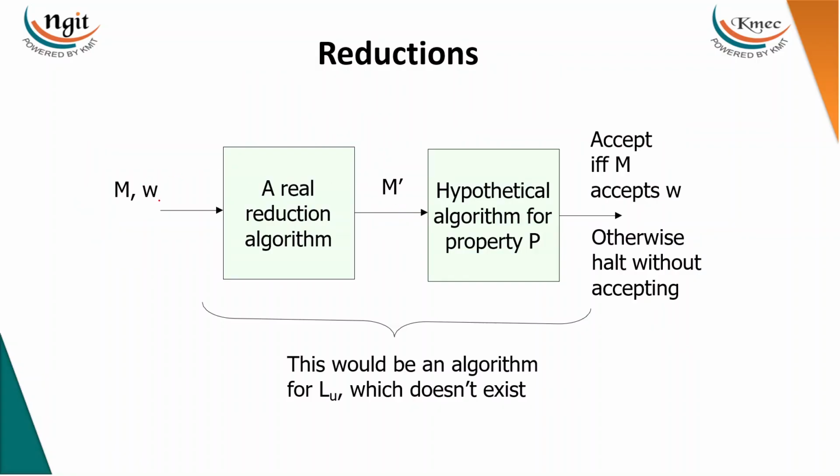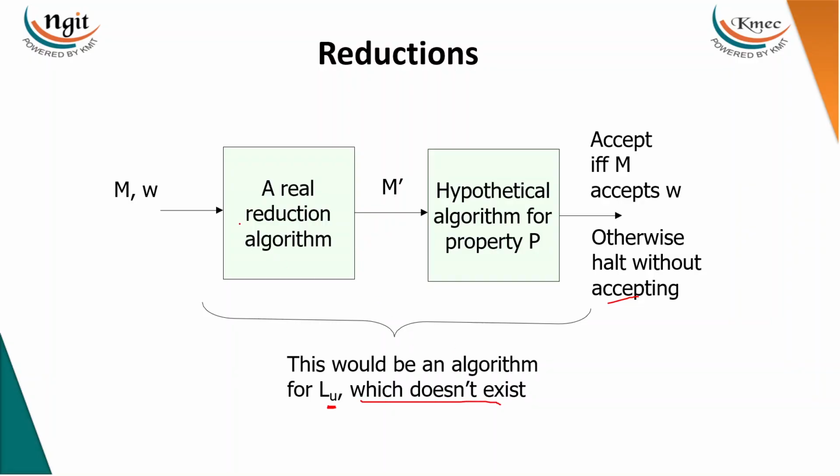Assume that we have a machine with a string, a reduction algorithm, and we are reducing it to another property. So the hypothetical algorithm phi accepts if and only if M accepts W, otherwise it does not accept. This would be an algorithm for some undecidable problem, which doesn't exist.